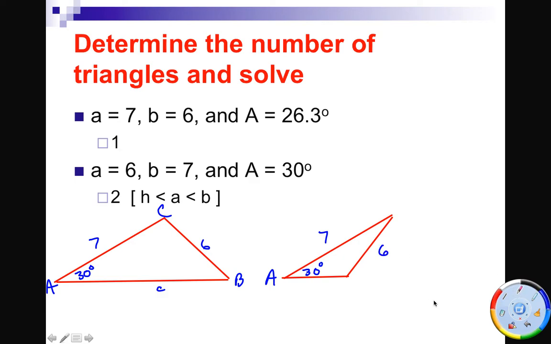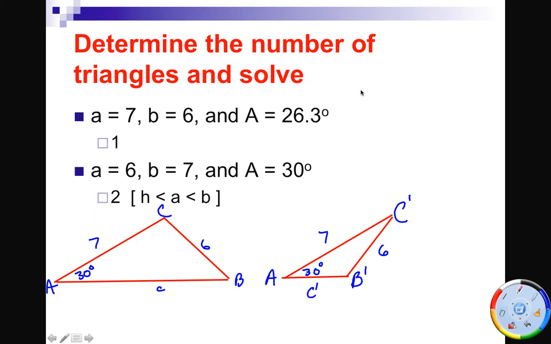Pay attention to this, because this problem is super important. Now I need to solve two different triangles. So rather than naming this B as well, we call it B prime. That little dash above, we use the word prime. This C is no longer the same C, which is kind of obvious. This is a big angle, that's a small angle. So this is C prime, and this little side down here is little c prime.